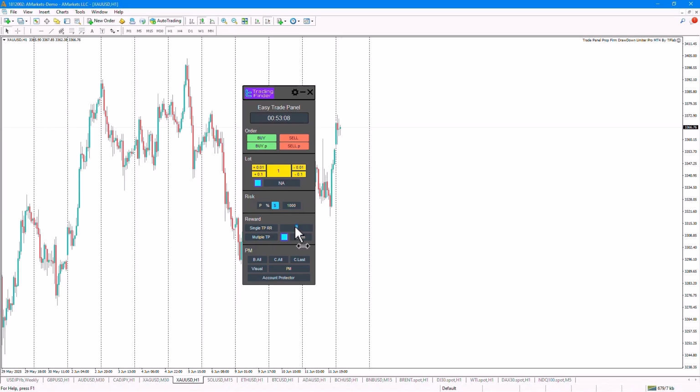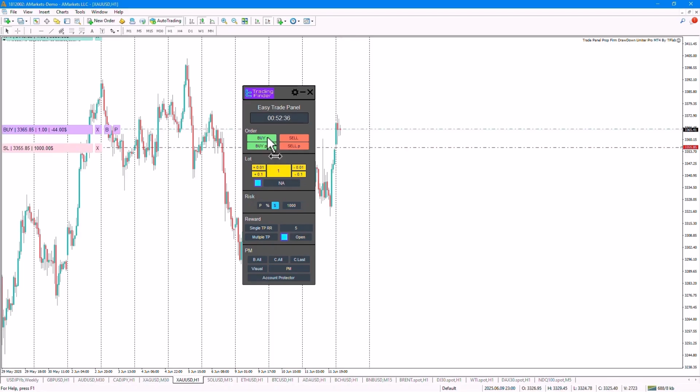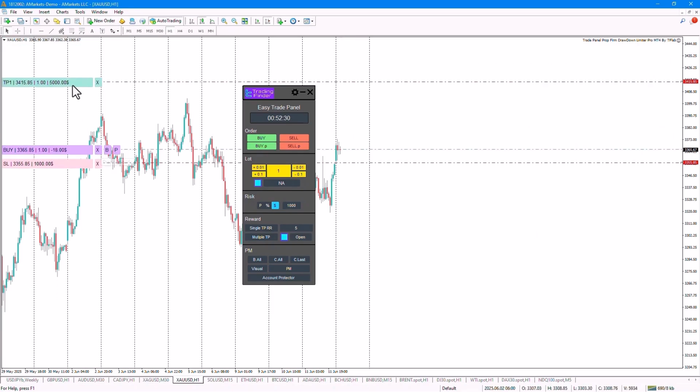For example, I set it to 5, and depending on my trading system and trading plan, I can adjust this section. When I execute the trade, my risk level is $1,000, and with a R-bar ratio of 1 to 5, my take profit is calculated at $5,000, and my take profit level is set.